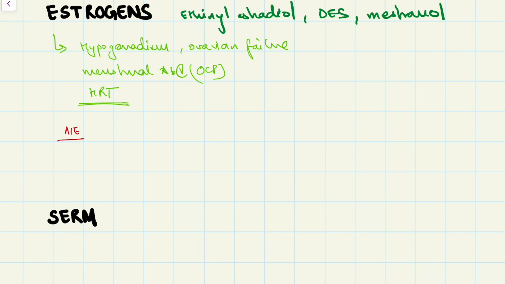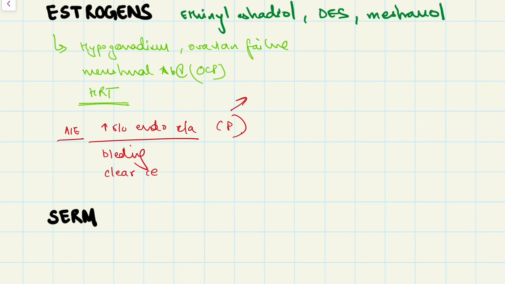The adverse effect with estrogen is that there is increased risk of endometrial cancer. Right. Therefore, we combine estrogen with progesterone. Progesterone has a protective effect on the endometrium, right? Because we read that in continuous dose, it causes the atrophy of the endometrium, right? Other adverse effects are that it causes bleeding in postmenopausal females.